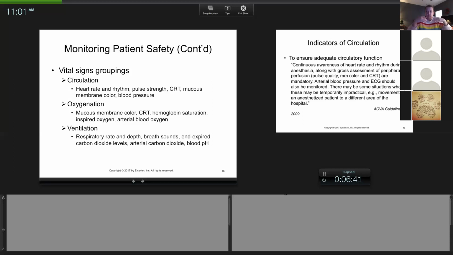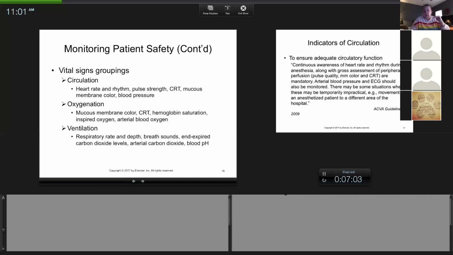When oxygen goes into the alveoli, it has to diffuse into a capillary, and then circulation is what takes oxygen to the tissues. So you could have a circulation issue that is affecting oxygenation that has nothing to do with ventilation. I hope that made sense.